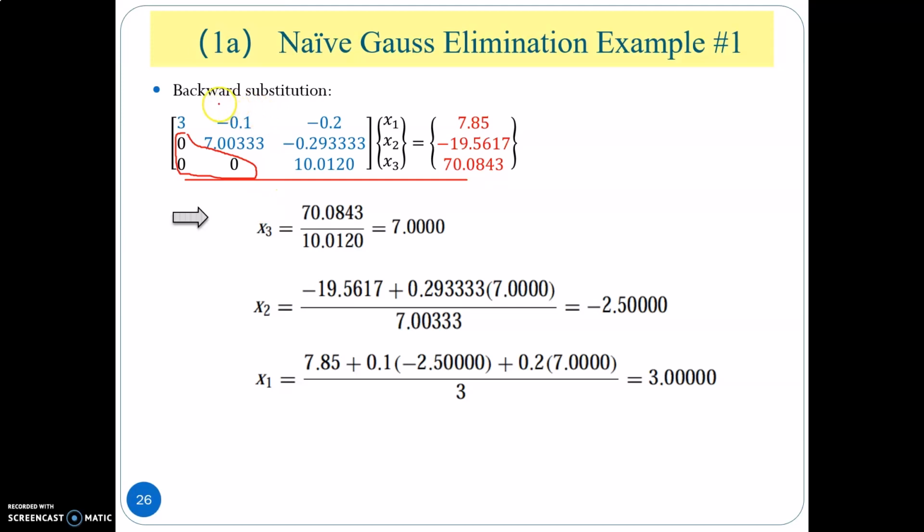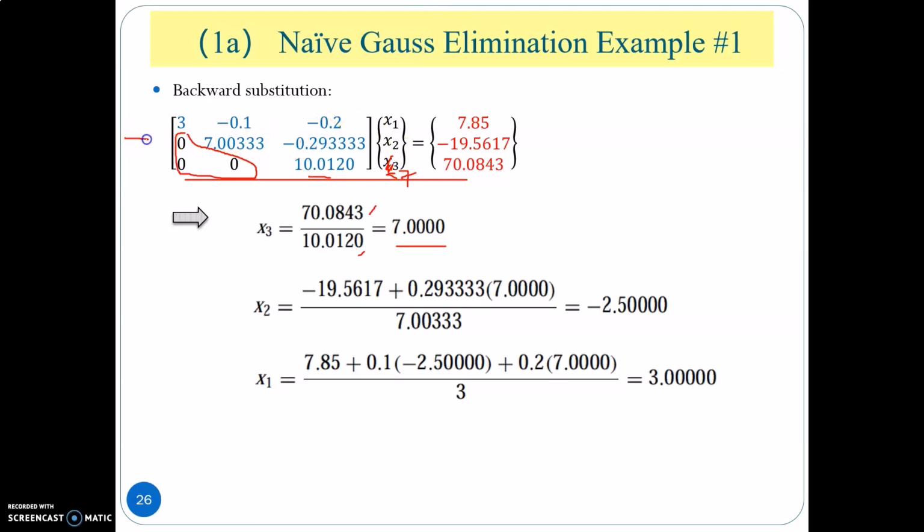Then you can perform the backward substitution to find x3 first, which can be obtained by 70.0843 divided by 10 here. So the answer for x3 is 7. So you can substitute 7 for x3 here.